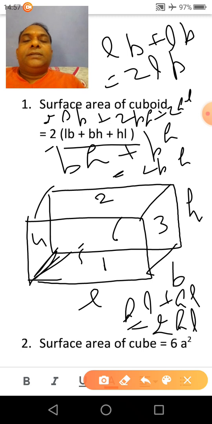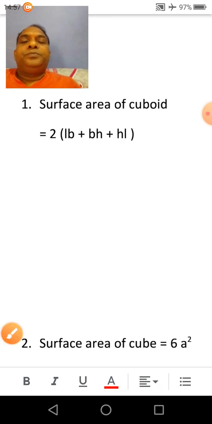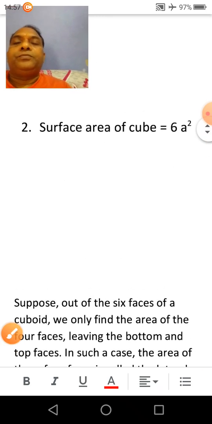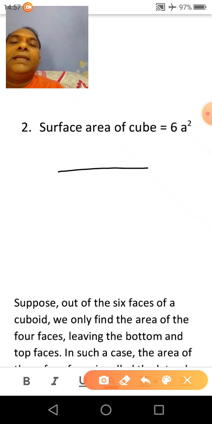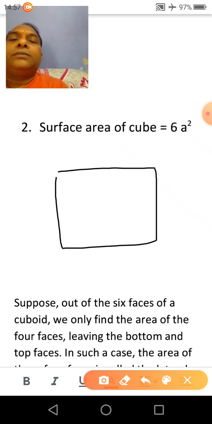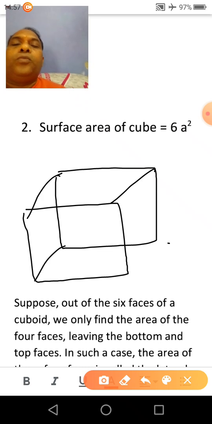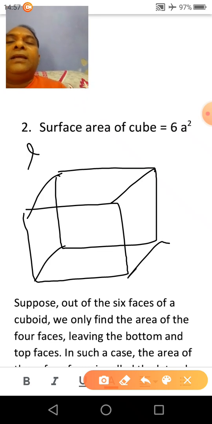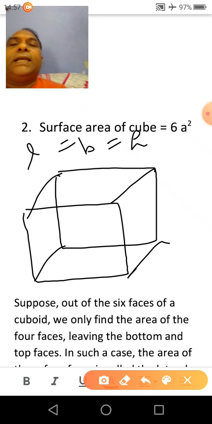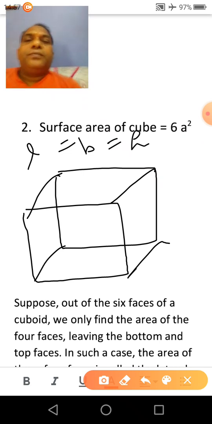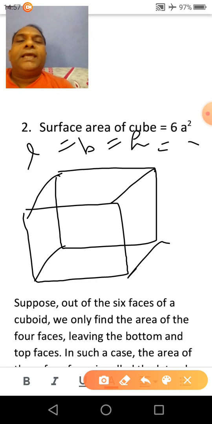Clear, students? Now, in case of cube, let edge of cube be A. So in case of cube, L is equal to B is equal to H is equal to A. Clear?